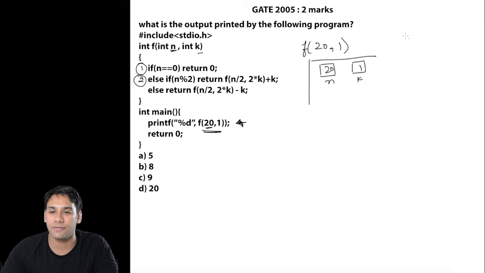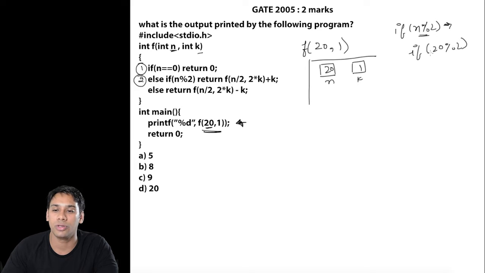If the value of n is odd, this statement returns true; if n is even, it returns false. The value of n is 20, so this becomes if 20 mod 2. What is 20 mod 2? Divide 20 by 2, and the remainder is 0, so this statement becomes if 0, and if 0 means false. Therefore this statement will not be executed. We are going to execute the third statement.